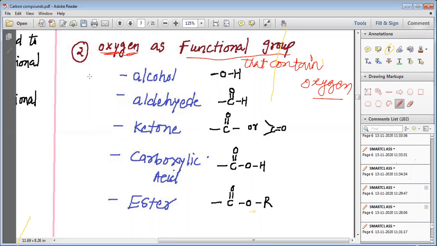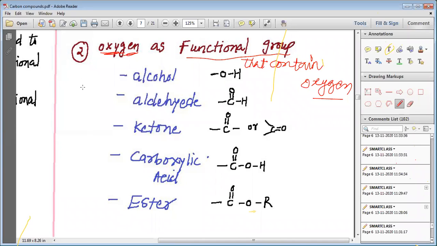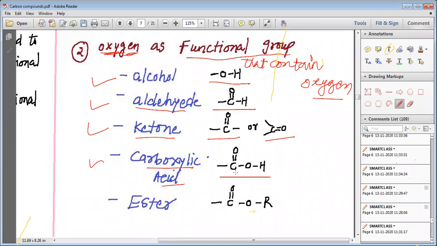When we have a functional group containing oxygen, the first functional group is known as alcohol, which is represented by OH. Another functional group is known as aldehyde, which is represented by CHO. The third functional group is known as ketone, which is C double bond O. The fourth functional group is the carboxylic acid, which has a specific structure of C double bond O and O and H.